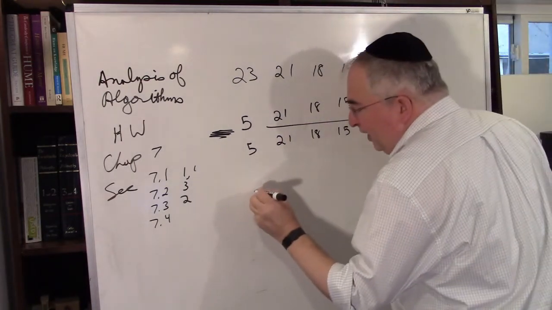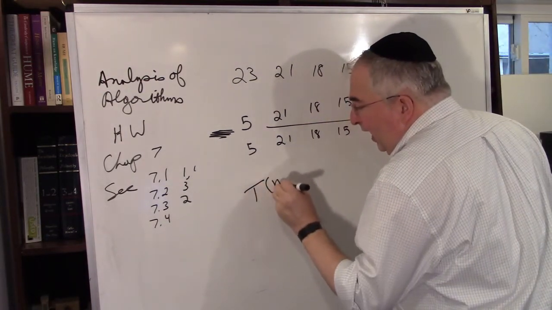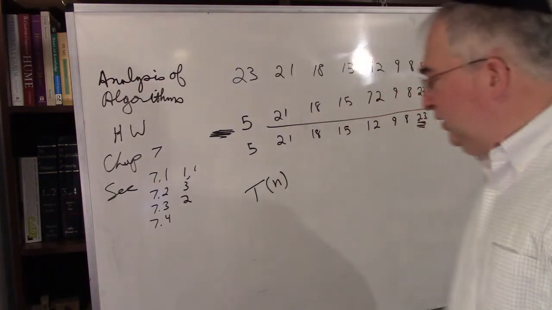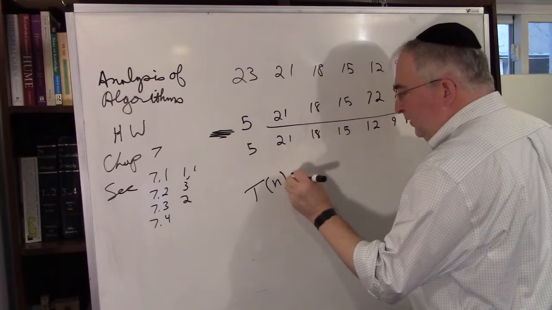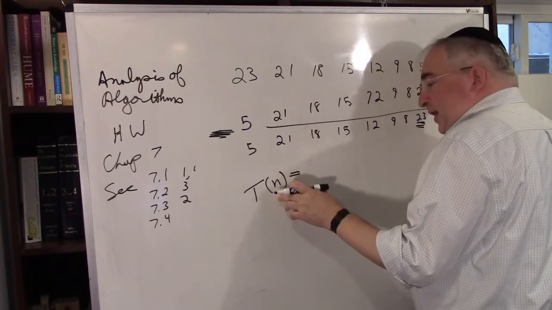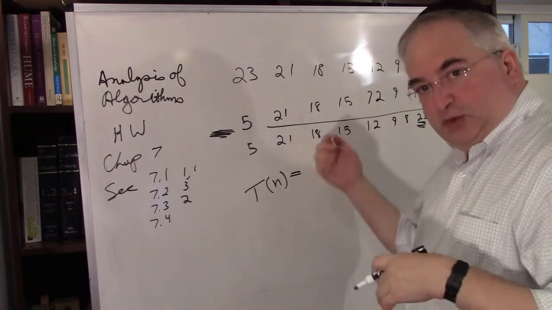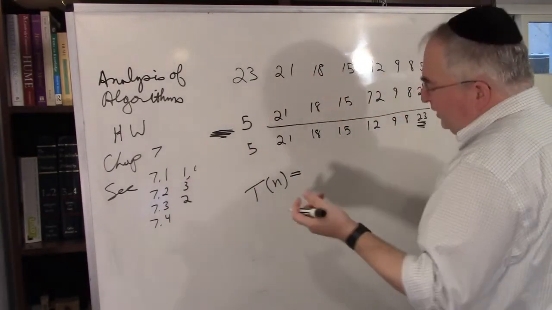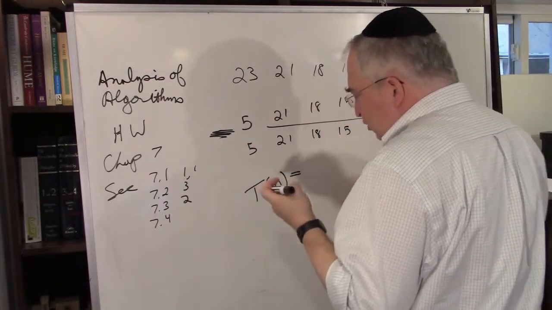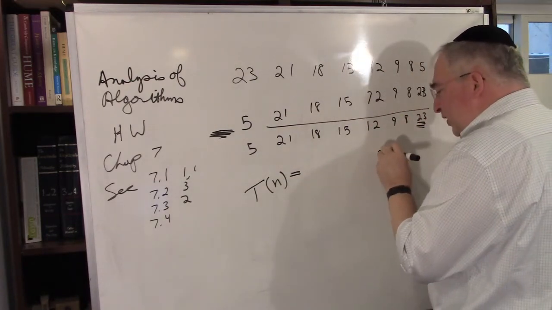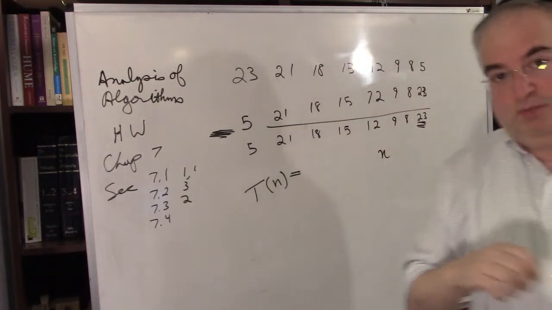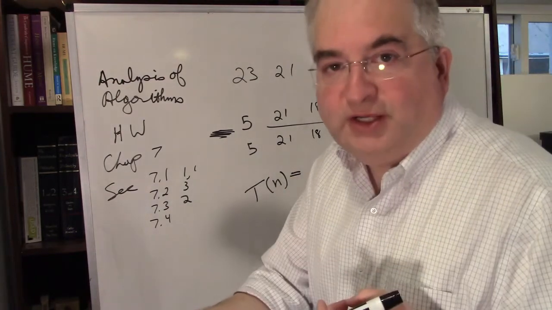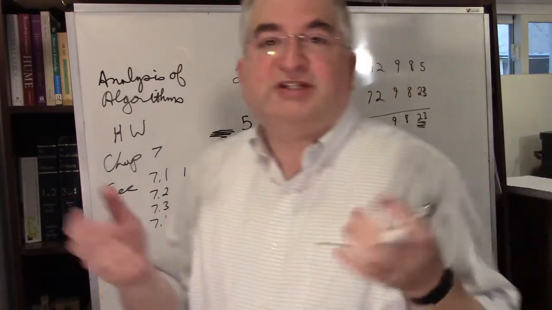The idea is as follows: how much work does quicksort do? When you have such a well-structured thing, you're going to do n operations to partition, and then you're going to have either a left side or a right side, but one of them is going to have nothing.